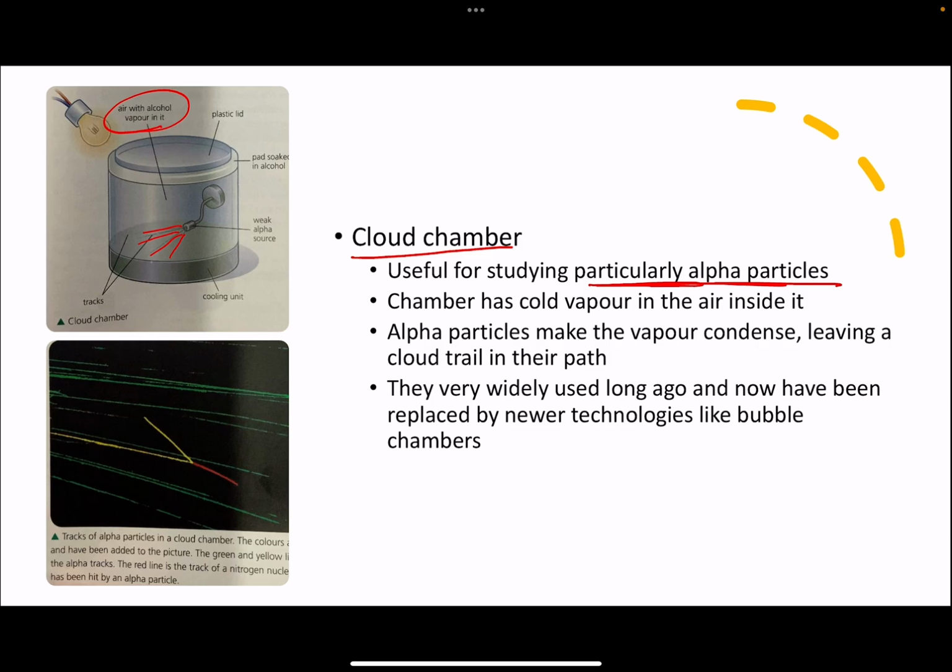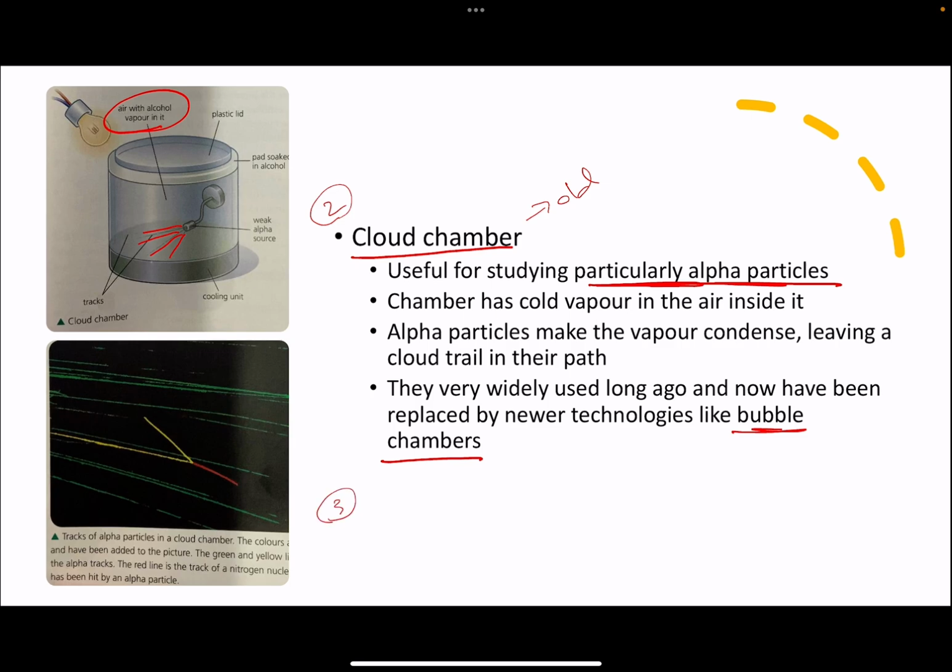So this cloud chamber is pretty old technology, and it's not really widely in use now, and they are now replaced by something called bubble chambers, and they can detect more and more different types of radiations, not just alpha particles but a lot of other stuff as well. So these are the ways in which radiations can be detected. So this was the second way.